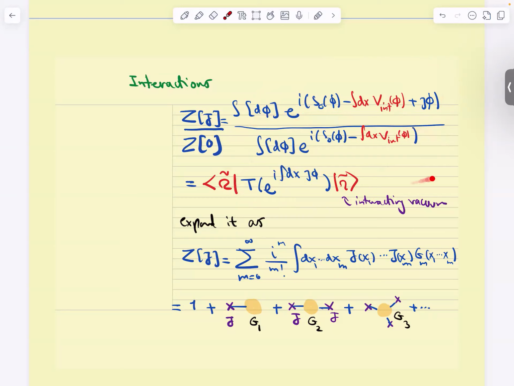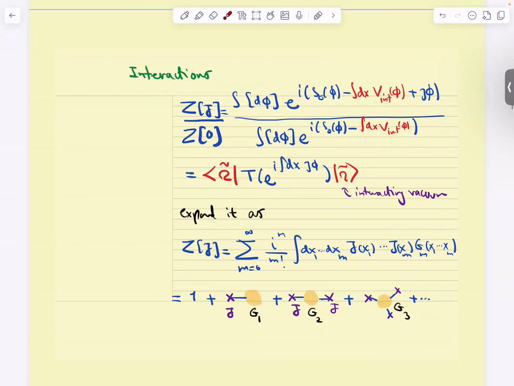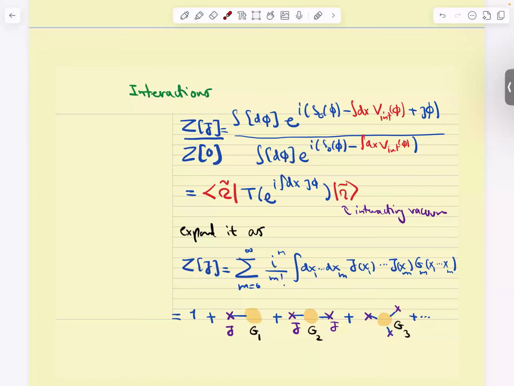This is the norm of the interacting vacuum. Is that clear? We literally went over this, right?